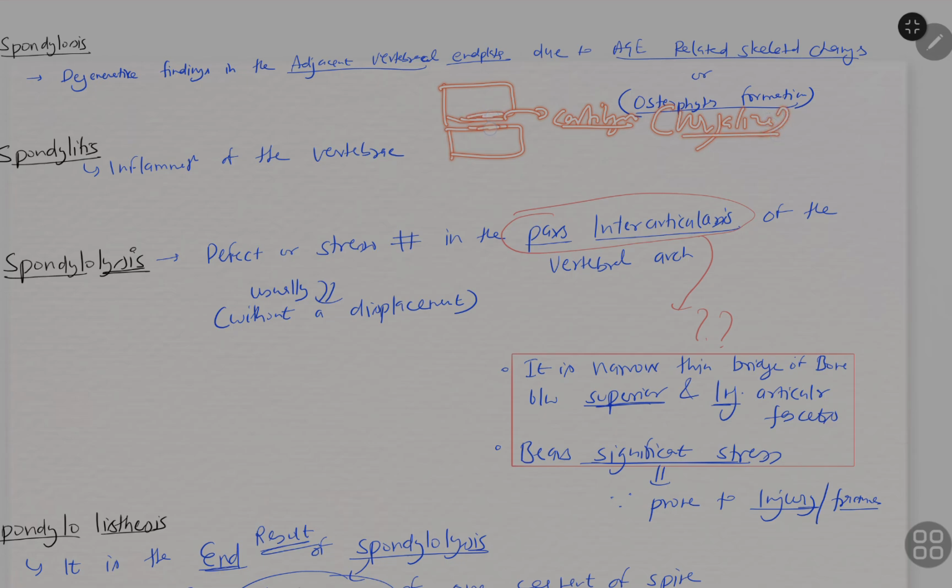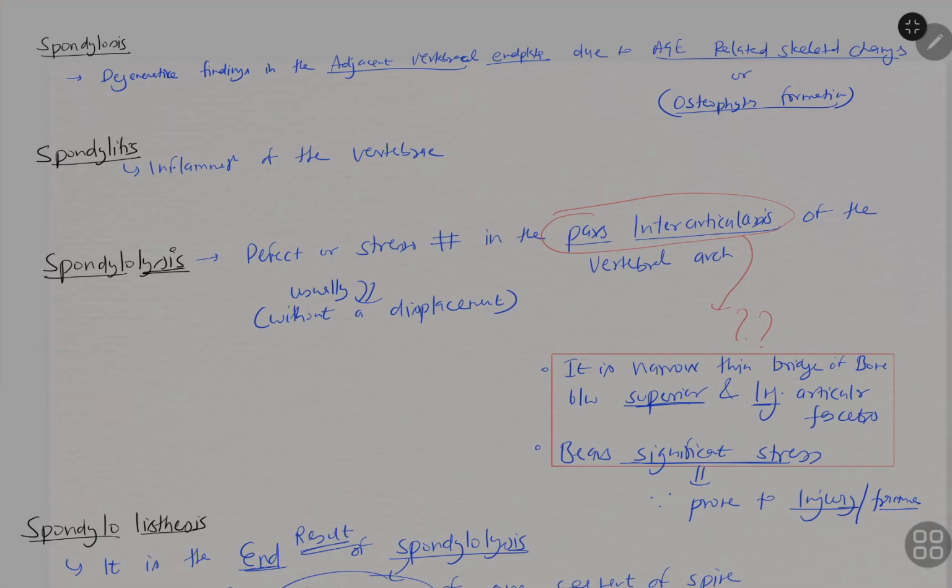So when this undergoes damage, maybe because of some changes inside the cartilage, remodeling happens, or maybe some osteophytes are formed. These osteophytes, when they rub, can rupture this cartilaginous plate, and eventually the pain arises. So it is spondylosis, a degenerative, age-related thing.